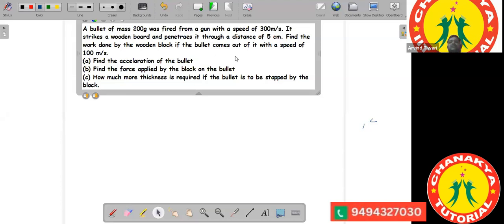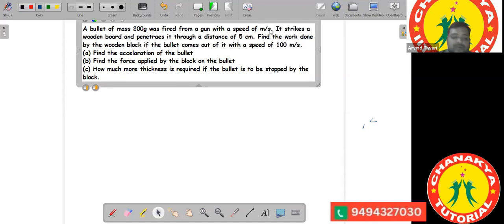That's the only change. And let me change the mass also. Okay, initial velocity I'm changing it to 200 meters per second.